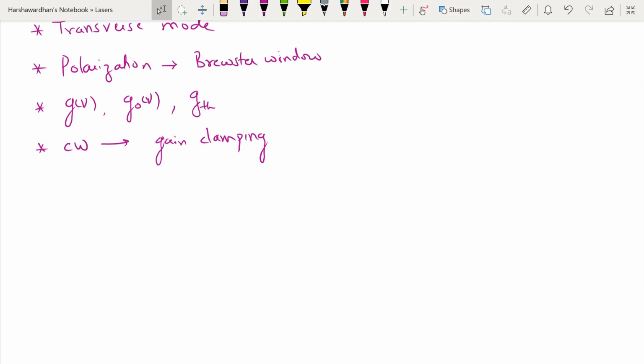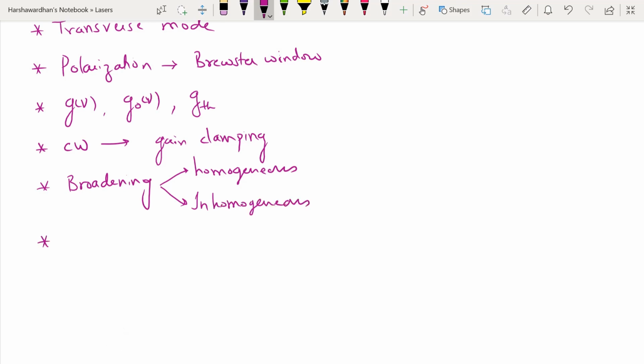Then, of course, we need to worry about the broadening mechanisms. And you will see that when I have a homogeneously broadened mechanism in comparison to inhomogeneous mechanism, the effects on the mode selection are very different. And then, of course, the notions of saturation, which I already mentioned.